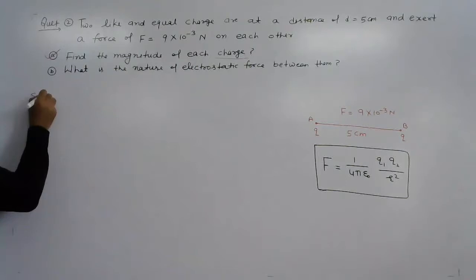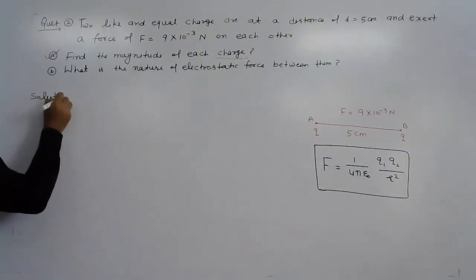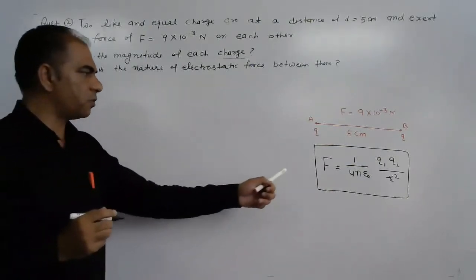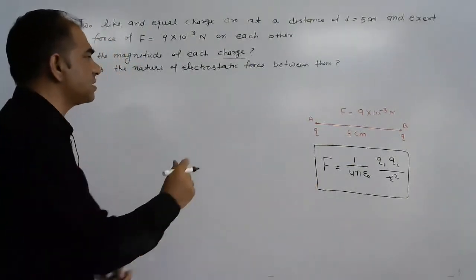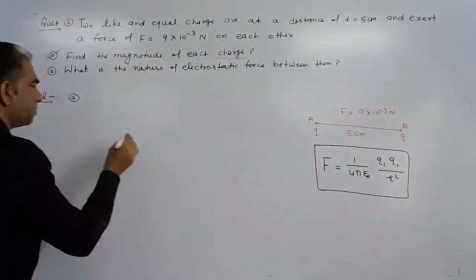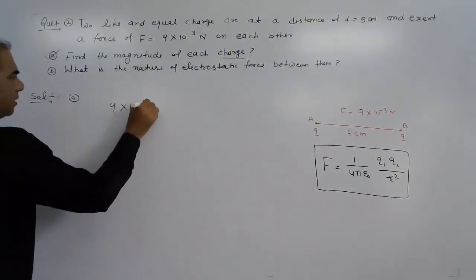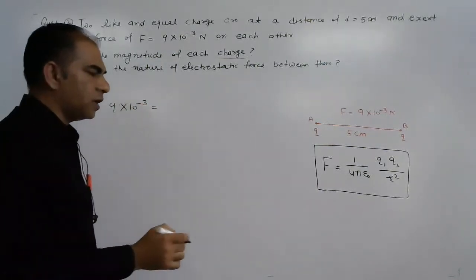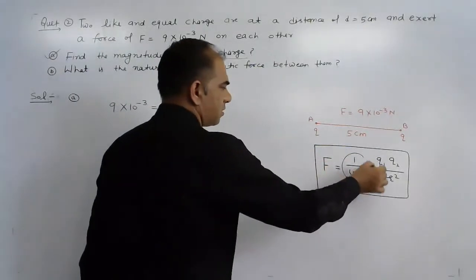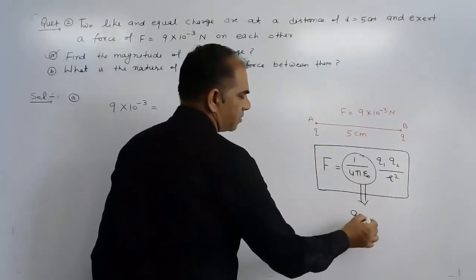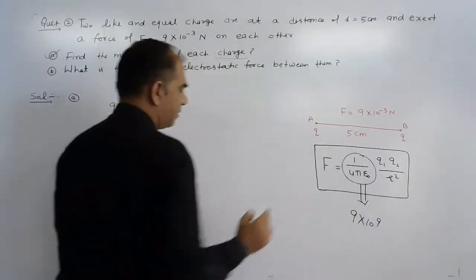Solution, A part. First we use this formula. Given F is 9 into 10 raised to power minus 3. Put the value: 9 into 10 raised to power minus 3 is equal to 1 upon 4 pi epsilon naught. This is the constant, and this constant has the value 9 into 10 raised to power 9.